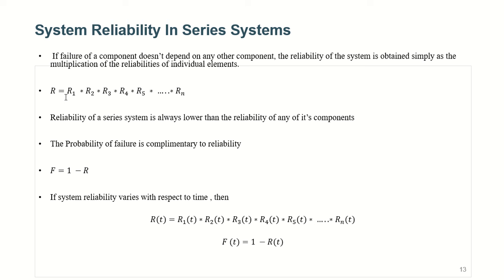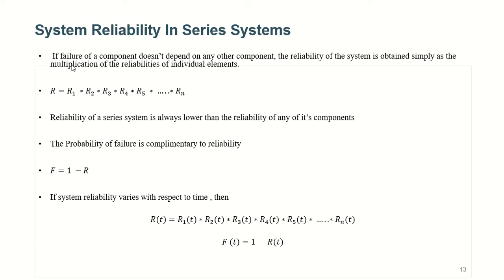So that was system reliability in series systems. Always remember, whenever we discuss reliability in series systems, the failure rate of a series system is always higher, and the mean time between failures is always shorter. Again, the failure rate of a series system is always higher than each of its individual components, and the reliability of my system will decrease with respect to time very quickly.